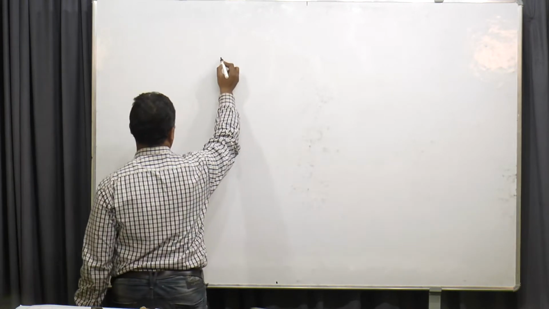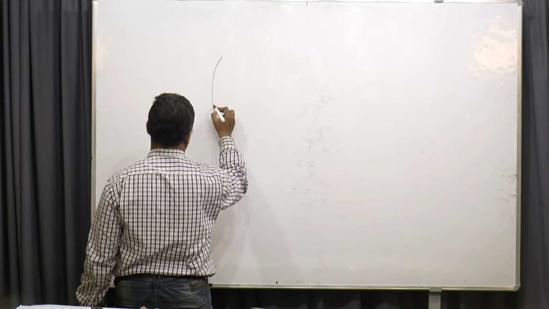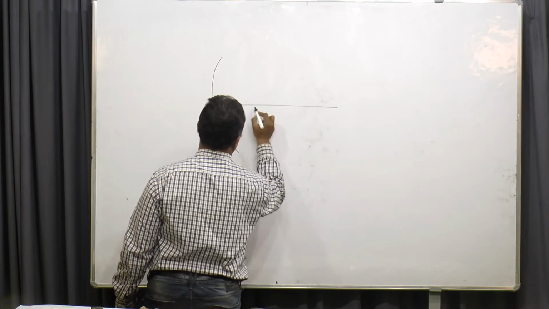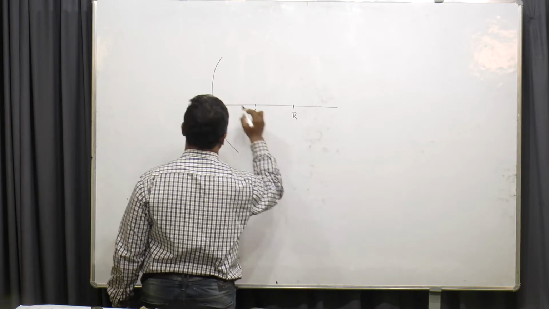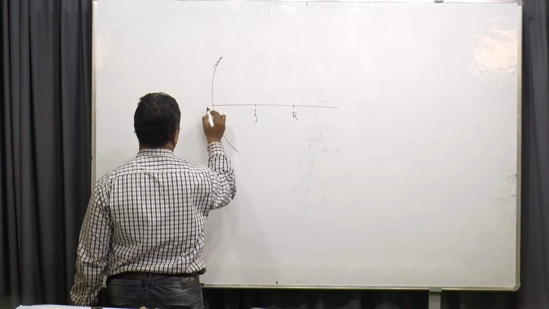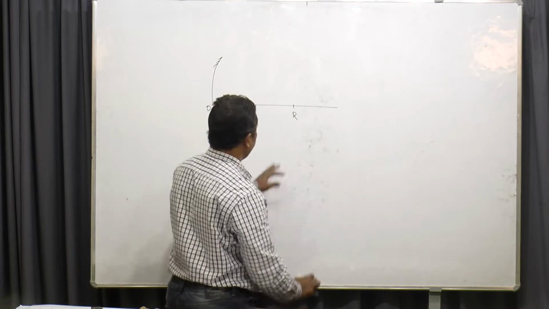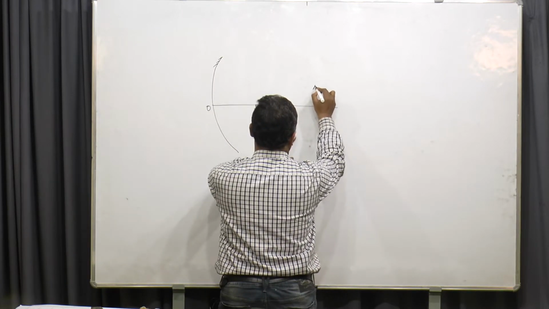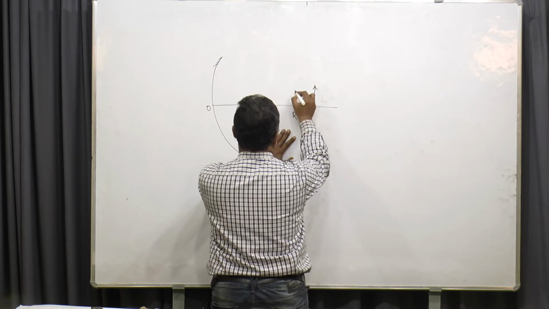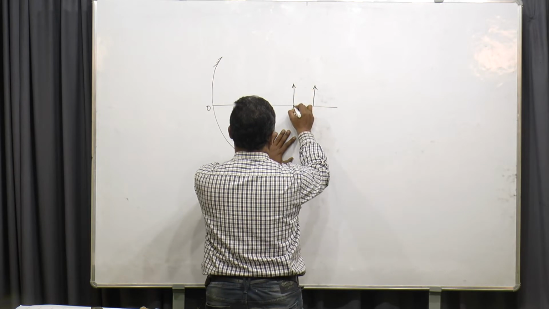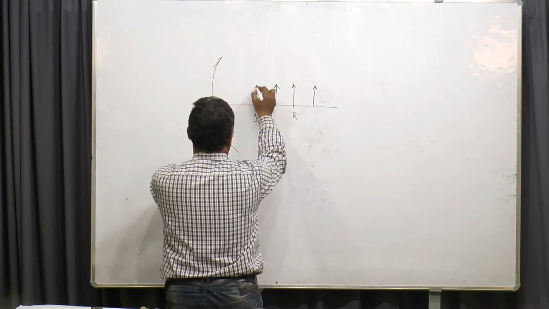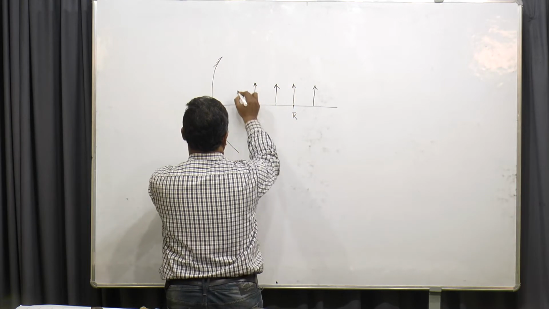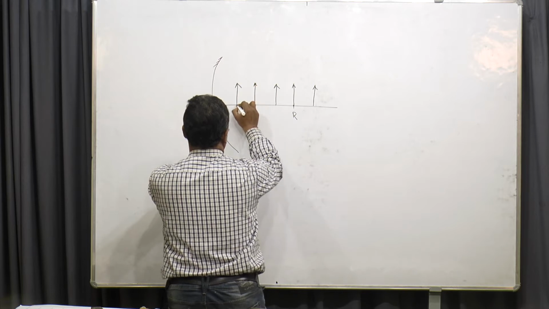Suppose you are having a concave mirror, so this is the axis, this is the F, this is the R, this is the pole. Now you can put your object here, or on the R, or between R and F, or on F, and you can put your object within F.